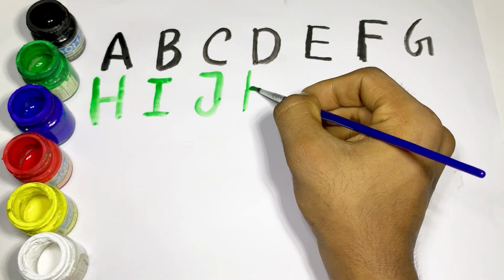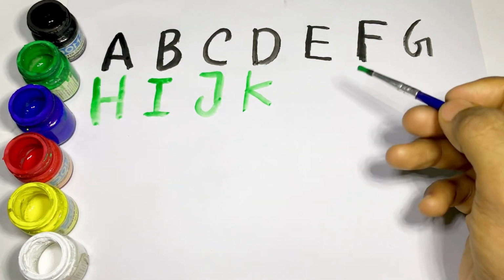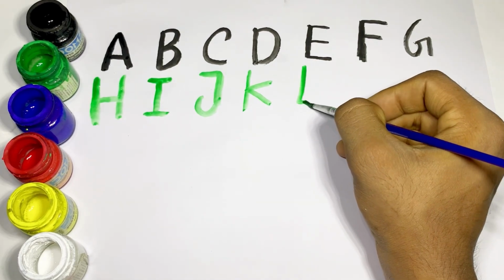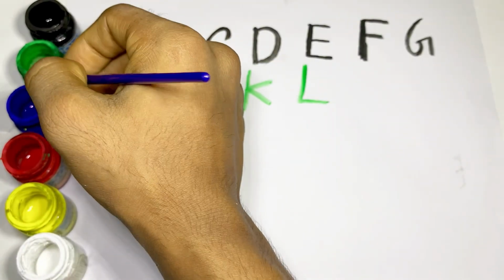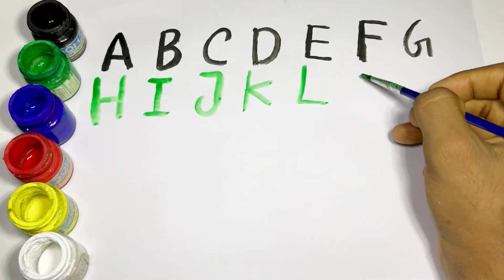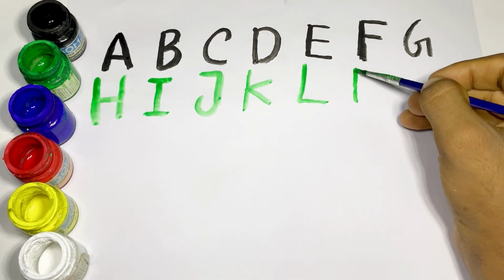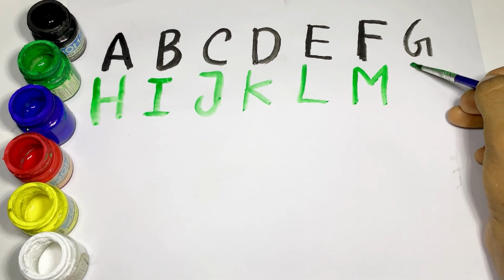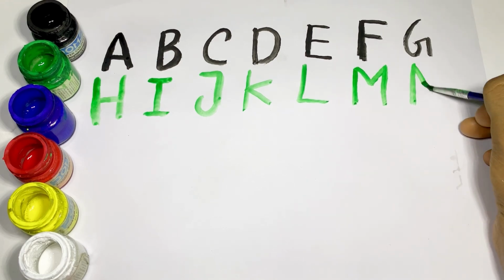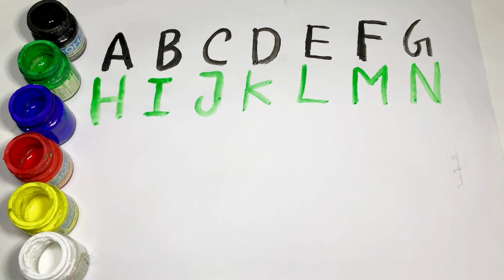K for kite, K for king. L for lion, L for lemon. Kids, again use green color and draw M for moon, M for mango. N for nose, N for nest.